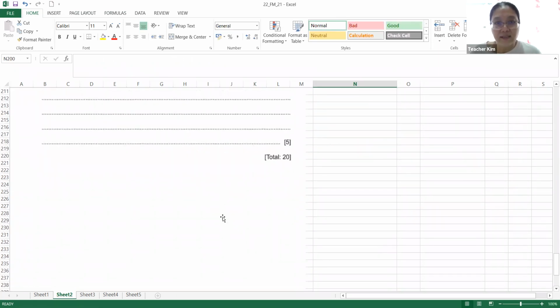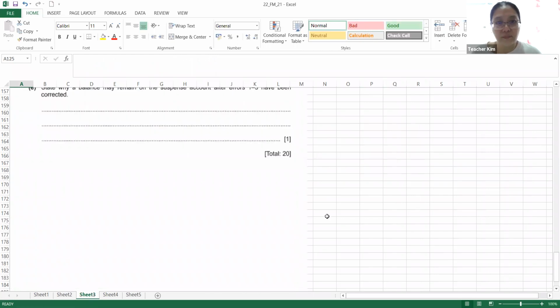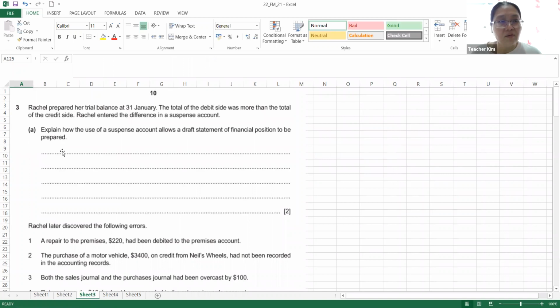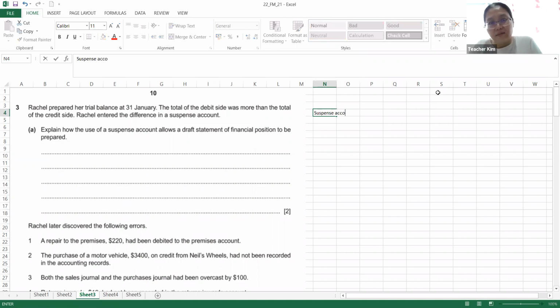Okay, next is question number 3. Rachel prepared her trial balance on 31st. The total of the debit side was more than the total of the credit side. That means we have a credit balance. So this suspense account will have the credit balance because debit is more than the credit.